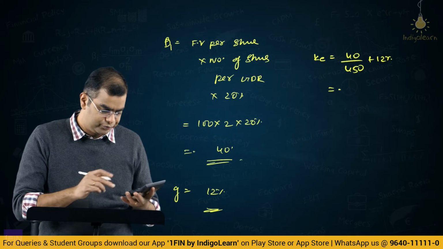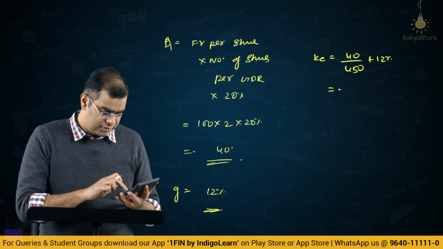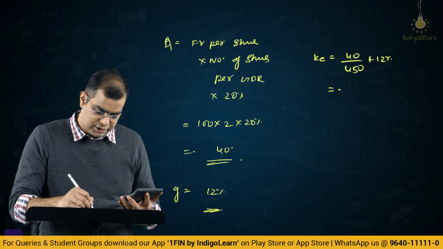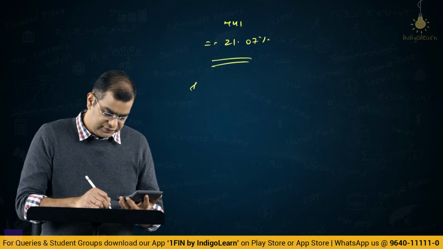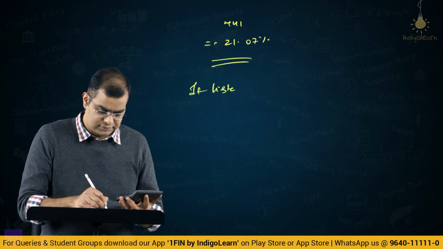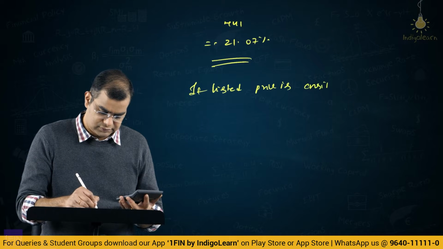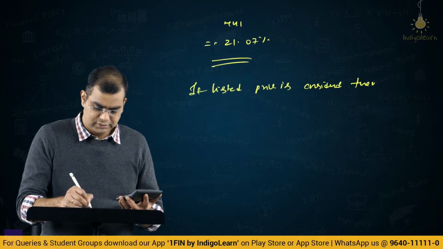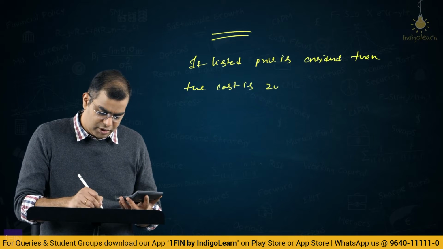So 40 by 450 will come to 0.0889, plus 0.12, you will get 20.88%. Right. If the listed price is considered, then the cost is 20.88%.